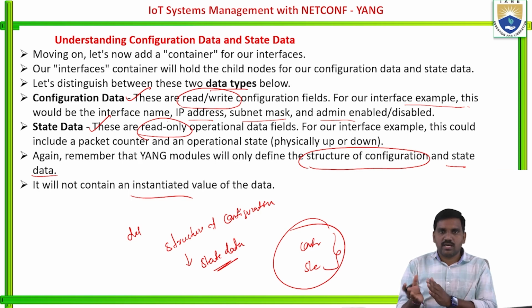Along with the YANG module, which is a modeling language, operations can be done so that both humans and machines can read the data. So these are the things of IoT system management with network configuration, and the importance of the YANG module involved in IoT system management. So these are the things we completed.